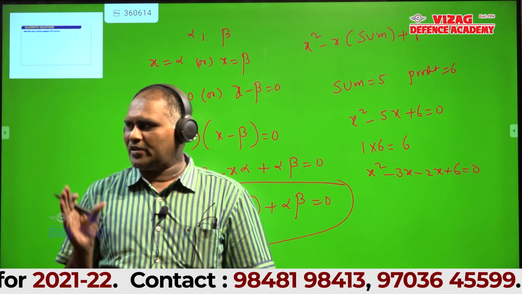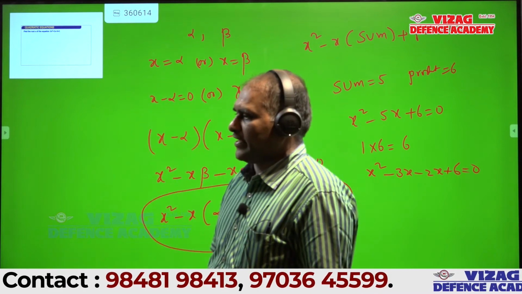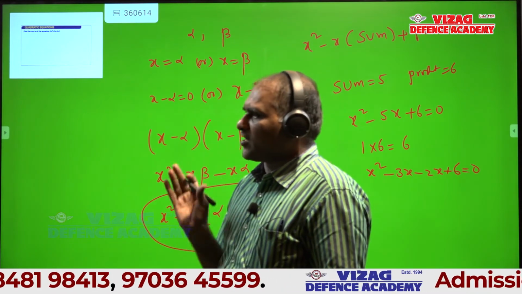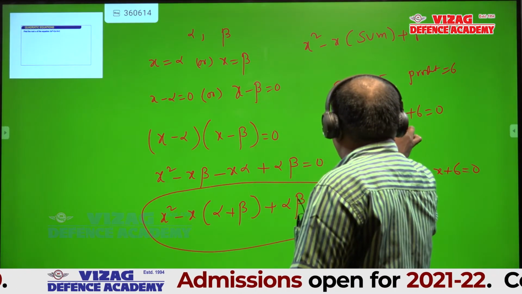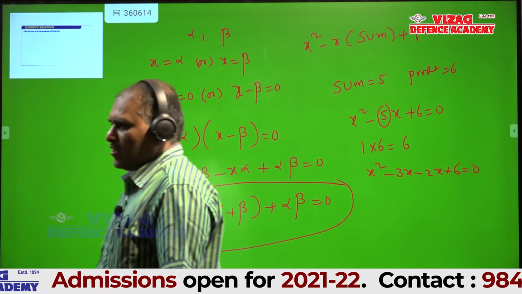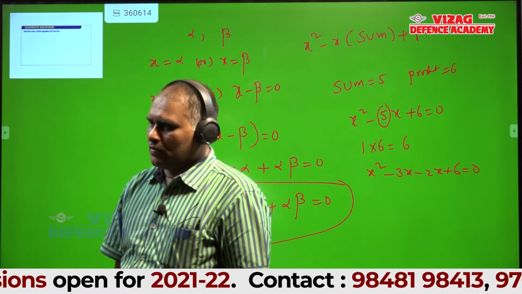You can write its factors. In the middle, what is the value given? 5. Therefore, 2 and 3.